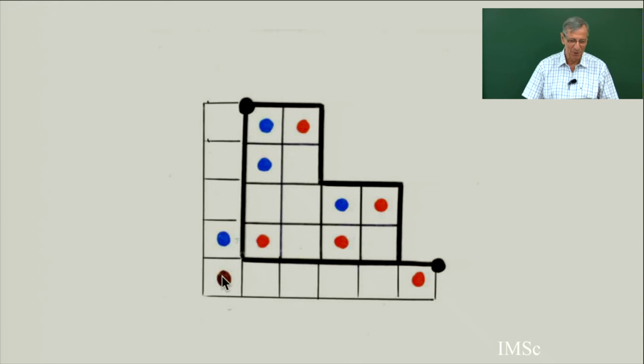Now the definition of the construction is the following. From each blue point, you put a green edge going down, and this green edge maybe is going to hit another blue point, or you continue from this blue point with a green edge until maybe it meets a red point. So you stop.